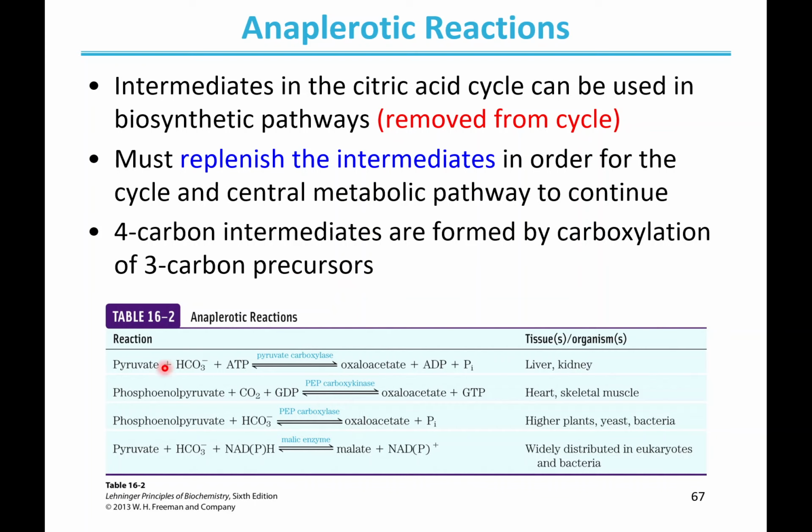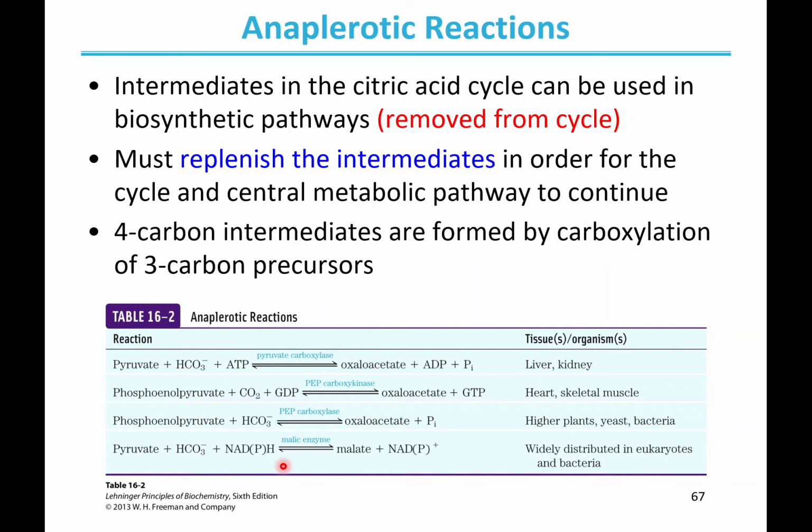Things like pyruvate, that's a 3-carbon molecule. You can add a carbon to it to make oxaloacetate. Phosphoenol pyruvate, again 3-carbon. You can add a carbon to make oxaloacetate in a couple different ways.